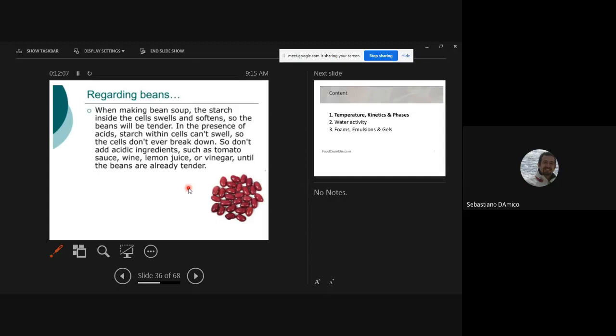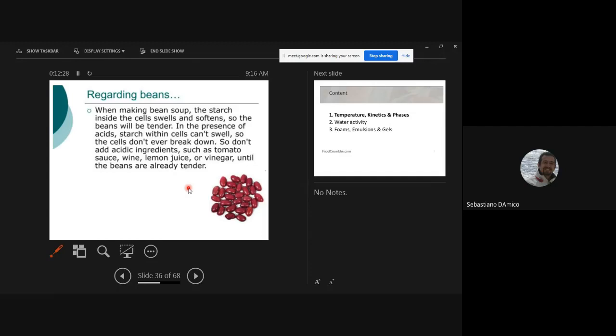And now we recall why we're eventually using baking soda. Because baking soda neutralizes the acidic component, making the beans become softer. Okay, so we don't have to add acidic ingredients such as tomato, wine, lemon juice, or whatever.